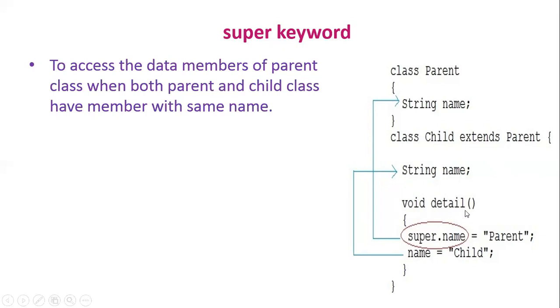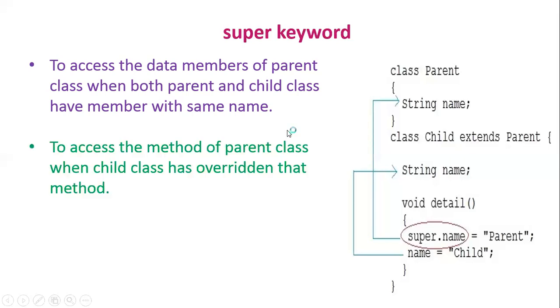And now in this method, we want to print the parent name as well as the child name. So to refer to the variable of the parent class, we can use the super keyword: super dot the parent variable name, and this variable name we can use to refer to the variable of this child class. So this is the first use of the super keyword.